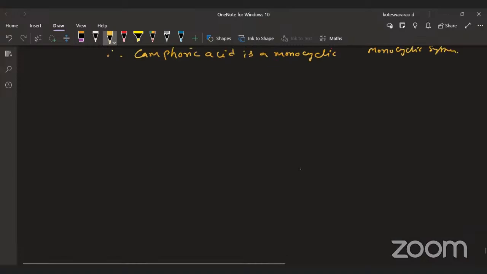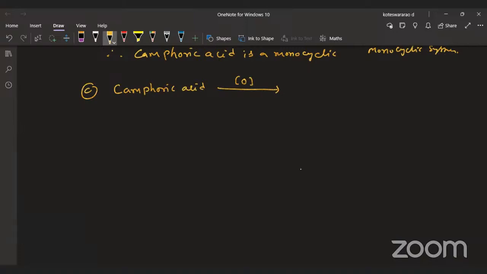Now coming to C, camphoric acid. On oxidation with an oxidizing agent like chromic oxide with H2SO4, or K2Cr2O7 potassium dichromate solution, camphoric acid is converted into camphoronic acid.